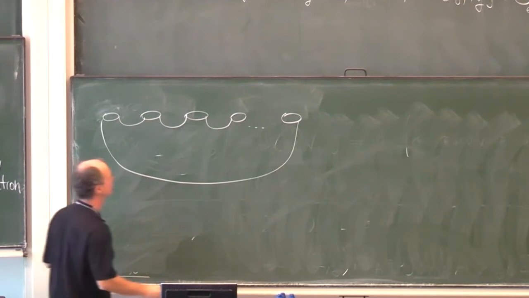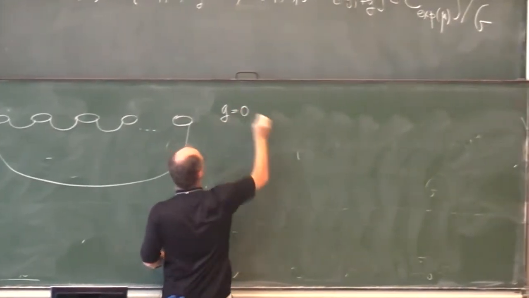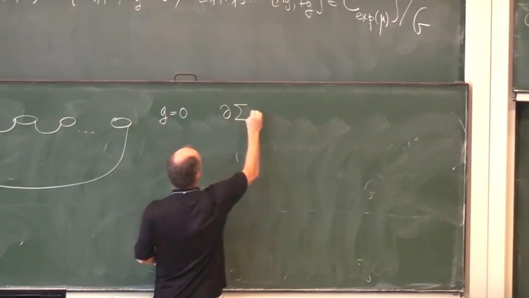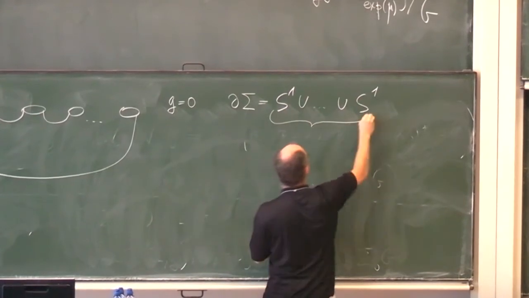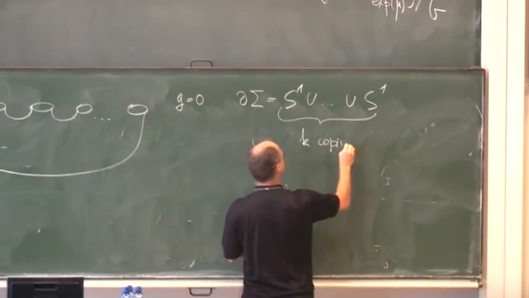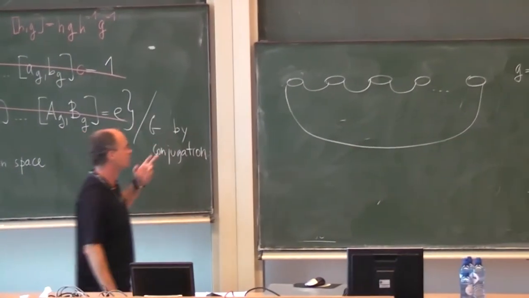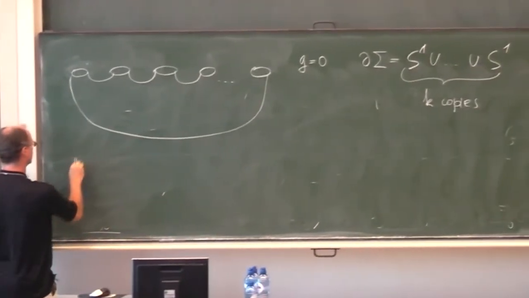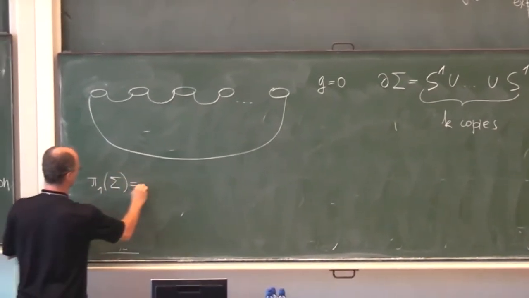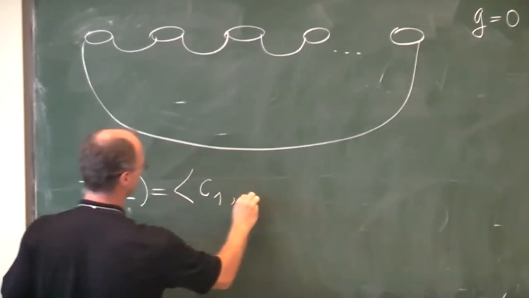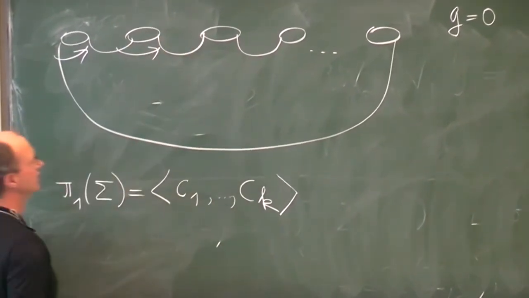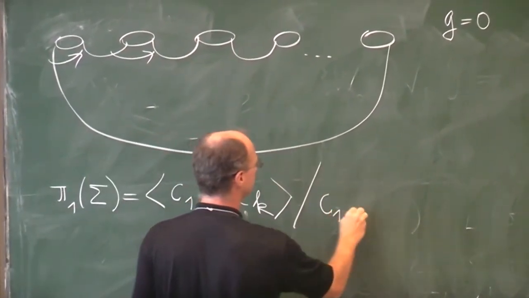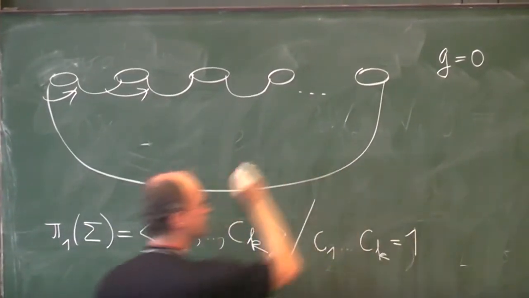So G is equal to 0, and this sigma is a union of k copies. So now, what is pi 1 of sigma? For each boundary component, you have a generator, and then there is a relation that their product is equal to 1.